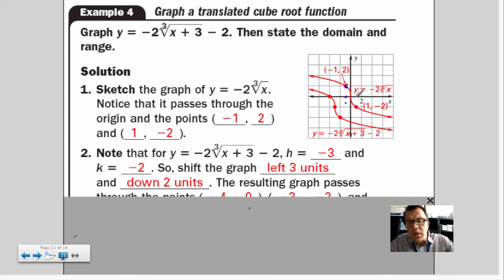And notice here, when you're at 1, you should have been here at +1, but we flip it to -1 and multiply by 2. And then they say, okay, take all these points and let's include the horizontal shift of -3 and the vertical shift of -2. And this is, let me trace it in blue, this is the graph sketched correctly.